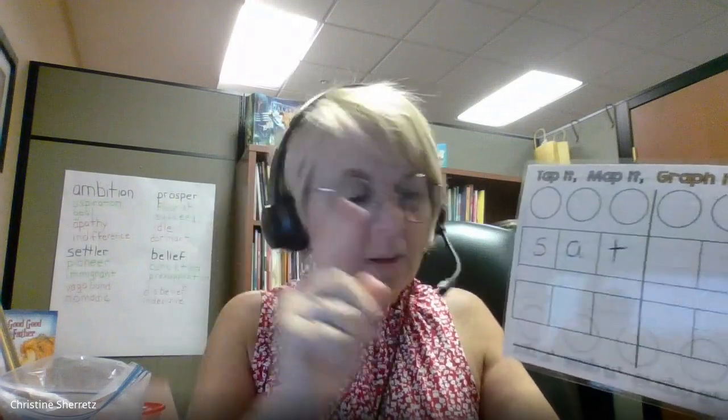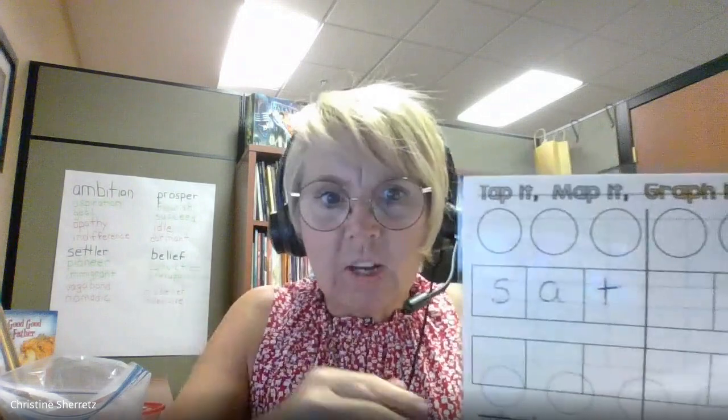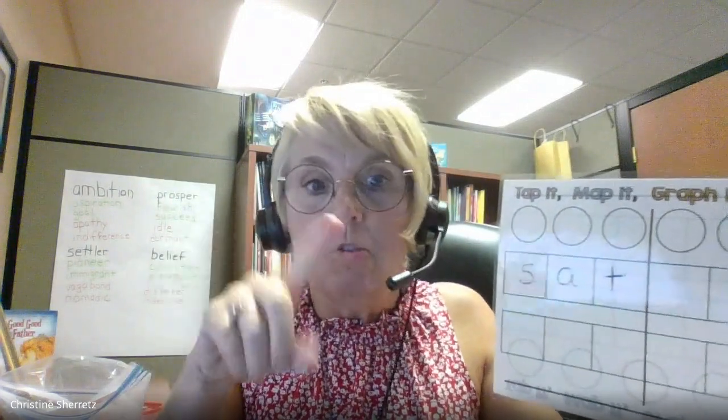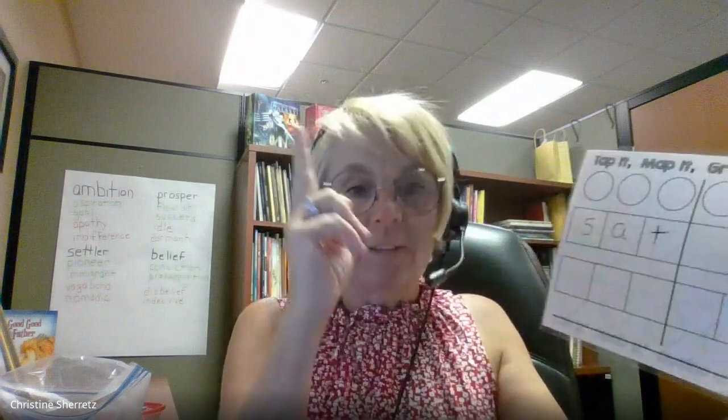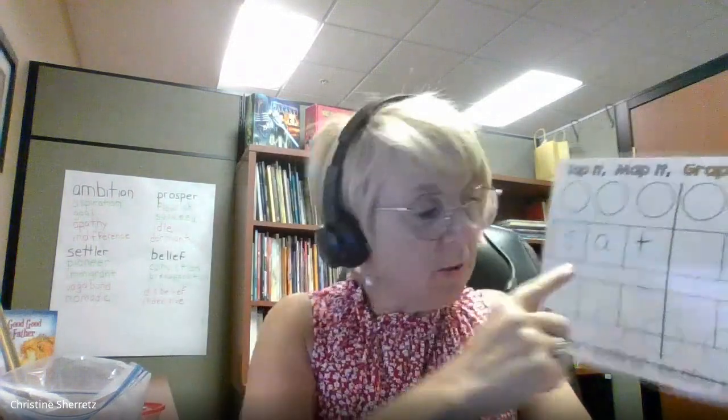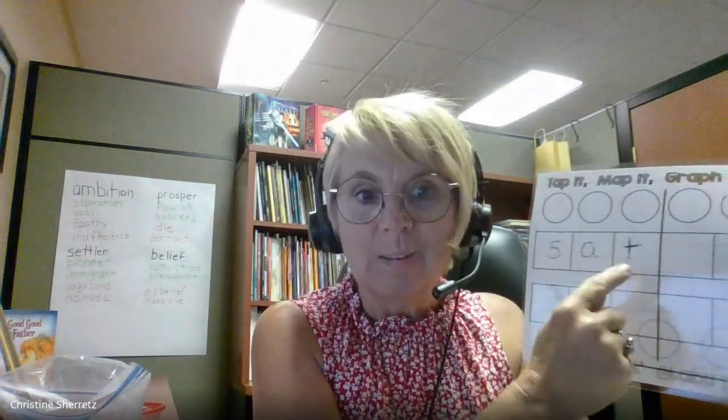Now we're going to zap it. Sat. Sat. That's another word for blending it. So this is a strategy that you can use a lot. And we can see that this is integrating 2 different things, isn't it? It's integrating phonemic awareness because students have to first tap the sounds, and it integrates phonics because they have to write the sounds also.